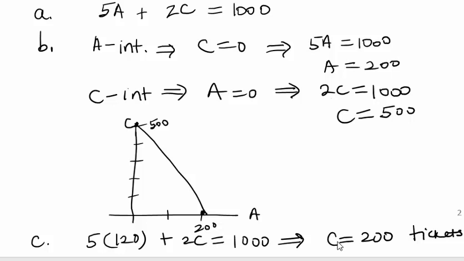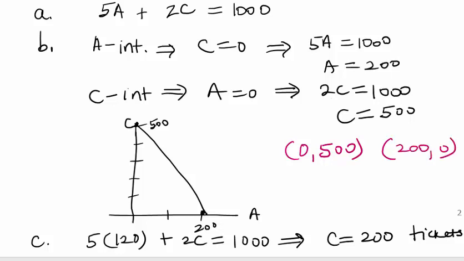And one other thing, in part D, it asks for the significance of the intercepts. So we go back to part B where we found the intercepts, and it's often nice to write those intercepts as ordered pairs. So (0, 500), and the other one was (200, 0).